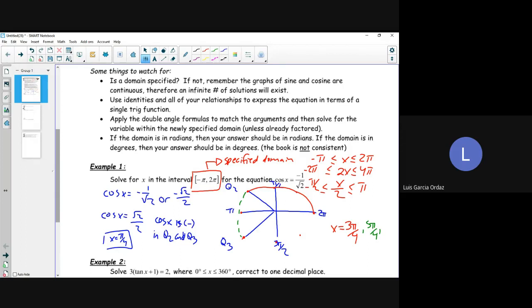When we talk about a negative angle, which way are we going? Clockwise or counterclockwise? We're going clockwise, which means Adam's answer is the correct one. So our last angle is negative 3 pi over 4.